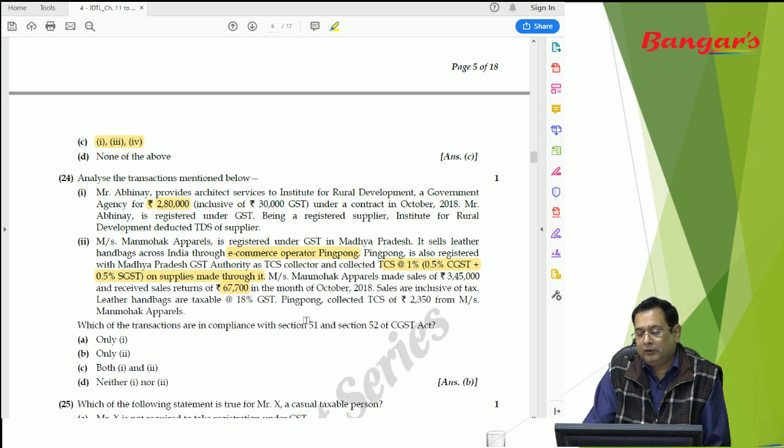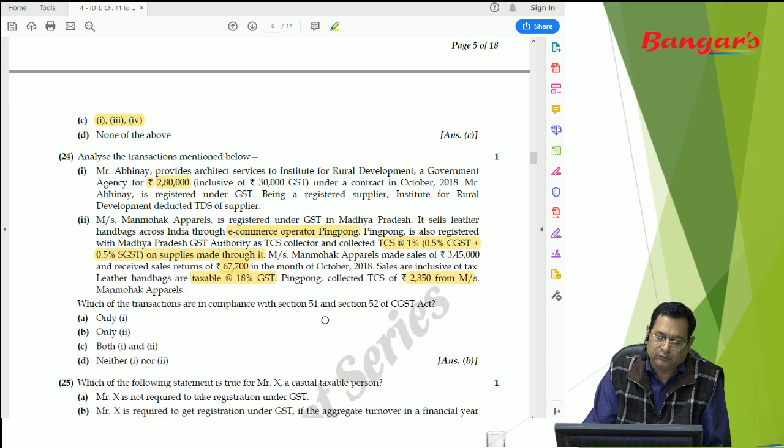So 67,700 will be reduced from 3,45,000. Then the value of taxable supplies exclusive of GST will be worked out, on which tax will be collected at source, and this works out to be 2350 rupees. So this is correct, in compliance with the provisions of section 52. There is no threshold limit in case of tax collection at source. So which of the transactions are in compliance with 51 and 52? Only number 2 is in compliance with 52.